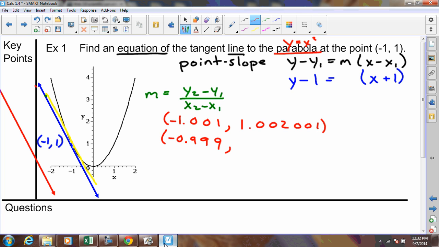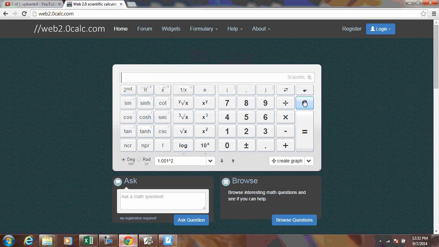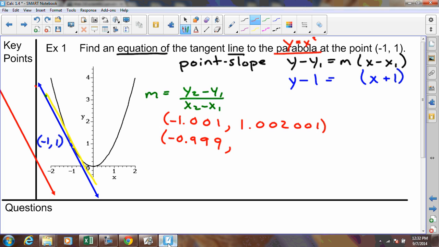And we'll do the same when we take 0.999 squared, which is 0.998001. Just by picking points that are a tiny little bit to the left and a tiny little bit to the right, we can get the slope of a secant line that's really, really close to being tangent.